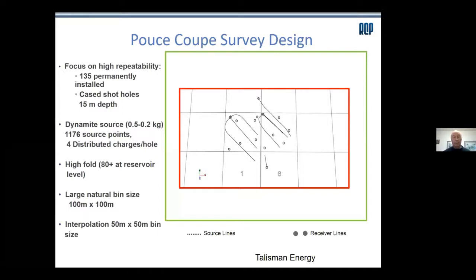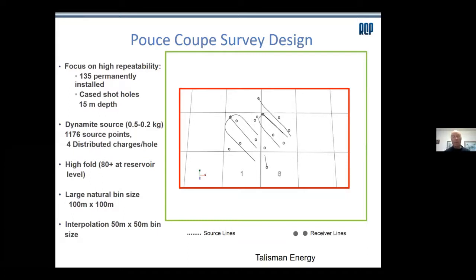So we drilled the holes down to 15 meters, put PVC pipe in the holes, and then put down these 3-component or multi-component receivers that can measure vertical displacement as well as 2 directions of horizontal displacement.